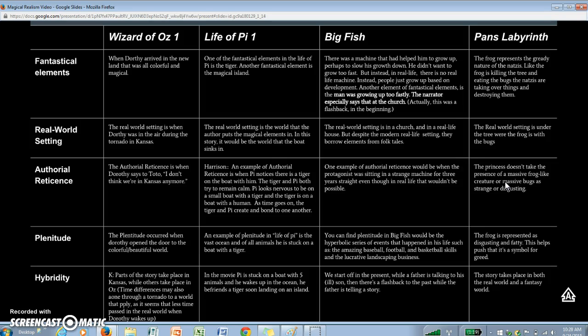If you have trouble figuring out how the 7 elements apply, go and read these tables that your peers created. In these tables, they talked about each element and how they're found in the video. By doing this, this will help you prepare for the quiz that will ask you to analyze one of these 3 videos based upon their use of the 7 elements.